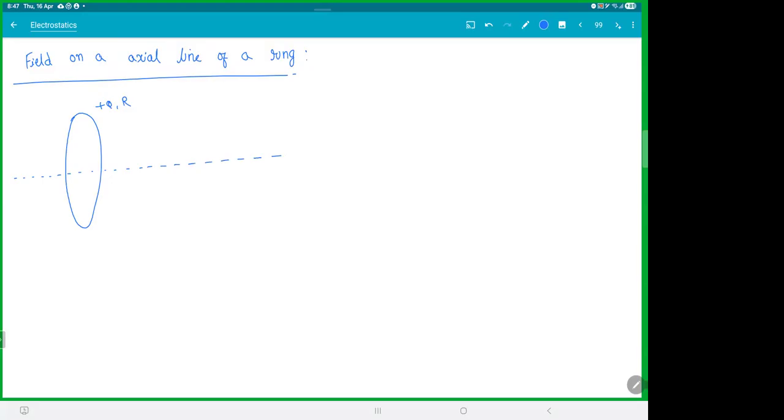Axial meaning the line passing through the center and perpendicular to the plane, right? So if you choose a point P somewhere here, we want to find the field here. So let the distance be x.